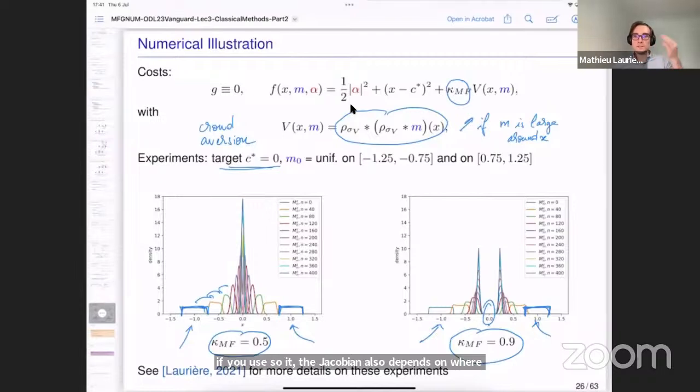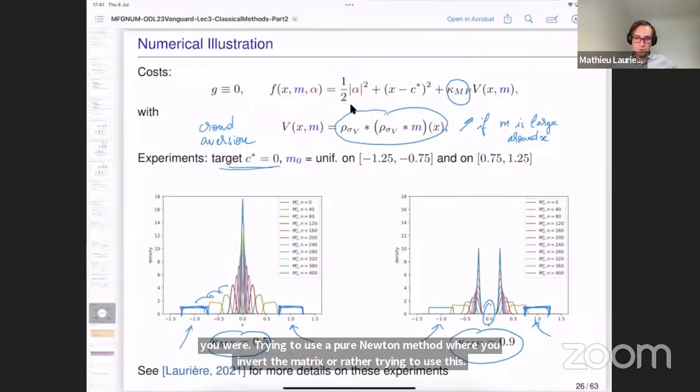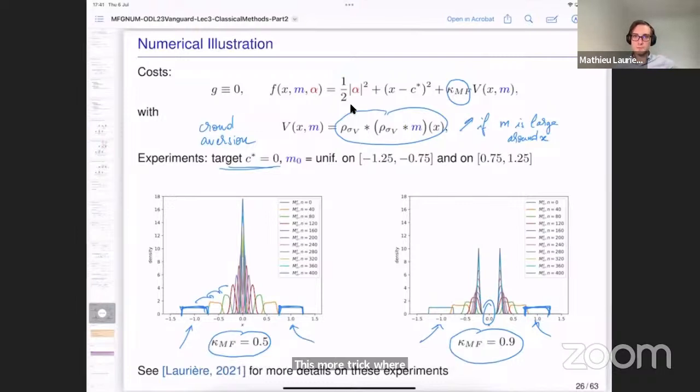So I would say that if you start from, again, a good initial guess, maybe you can avoid this problem of having a singular matrix for the Jacobian. If you avoid inverting the matrix, I'm not sure if you were trying to use the pure Newton method where you invert the matrix, or rather trying to use this small trick where you solve an extra linear system.